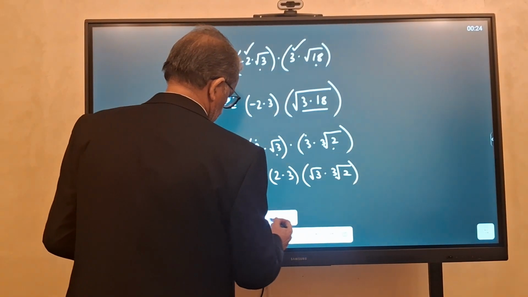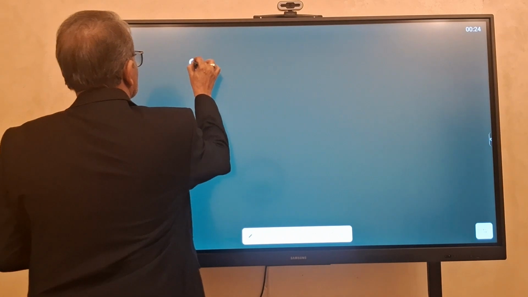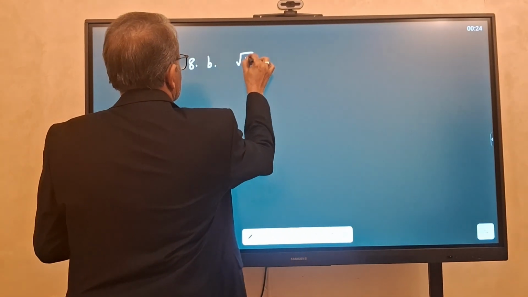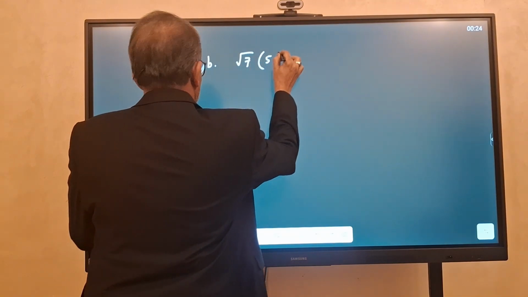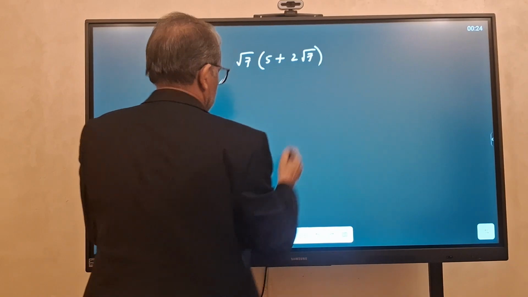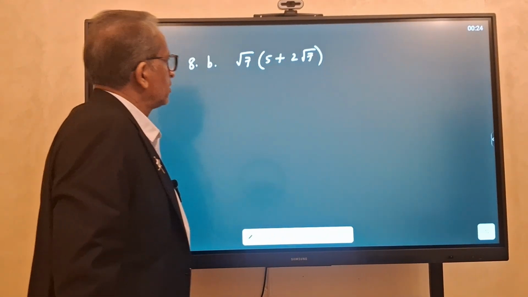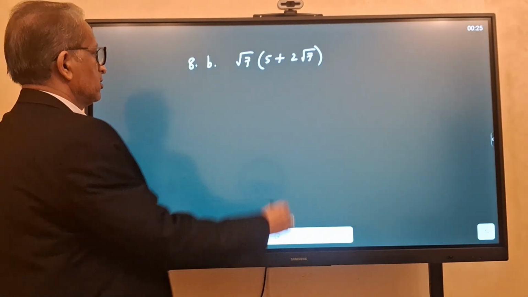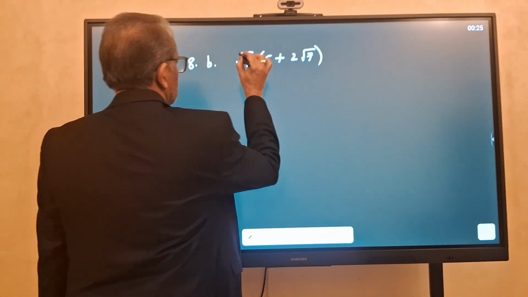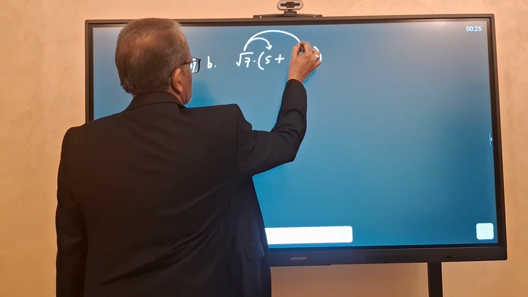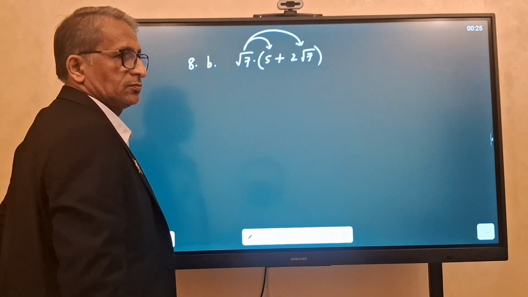8b: root 7 into 5 plus 2 root 7. Here I am using the distributive law because you have root 7 multiplied, so we distribute. This root 7 is distributed to both.